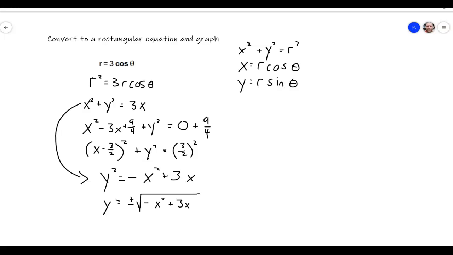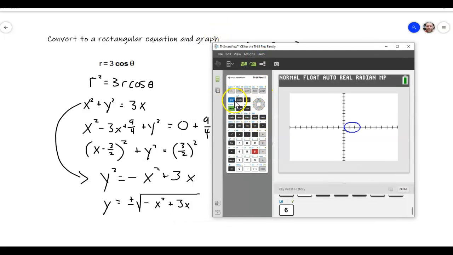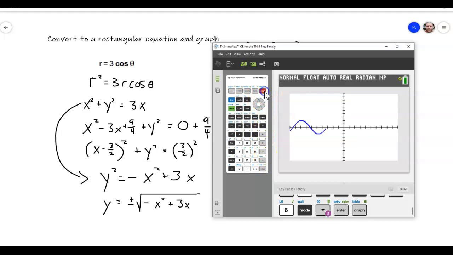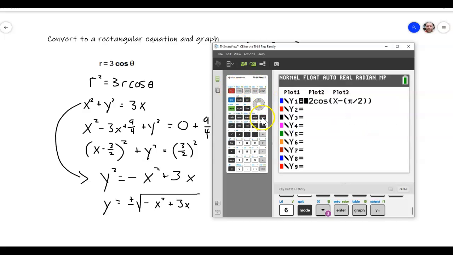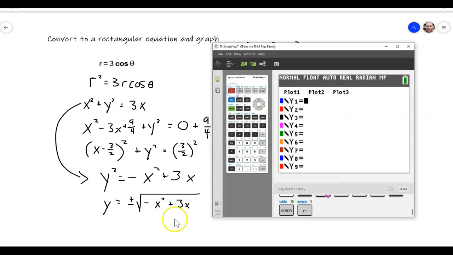So when I go to graph this, I go back to my mode and go back to function, and if I go back to graph, notice that this is whatever I had in there from before. Let's clear that out. That should clear my graph out. Now, if I put in these two functions here, notice it's not nearly as elegant as my polar form equation, but hopefully it should work.